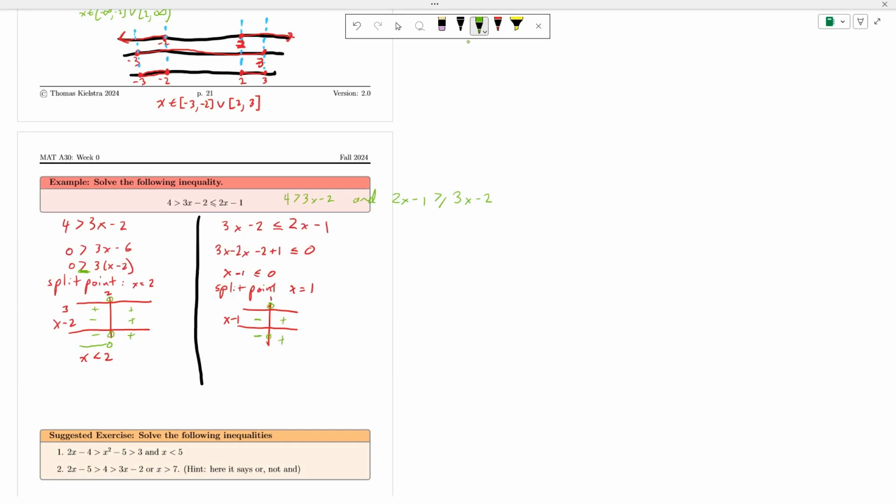So here, less than or equal, I'm going to be taking here and below. So this gives me that x is in the interval minus infinity up until 1.